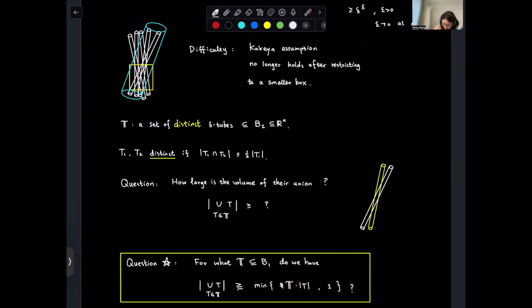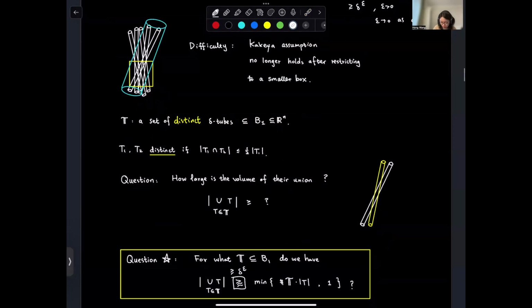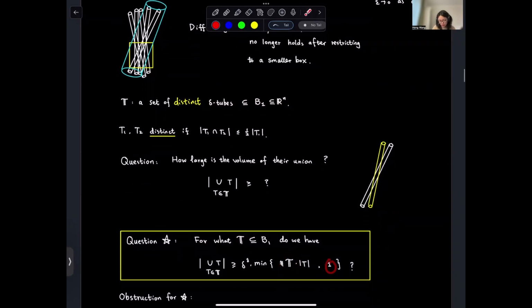Again, this notation means greater than or equal than delta to the epsilon, and epsilon goes to 0. So let's say greater or equal than delta to epsilon times the minimum of the number of tubes times the volume of a tube, or 1.